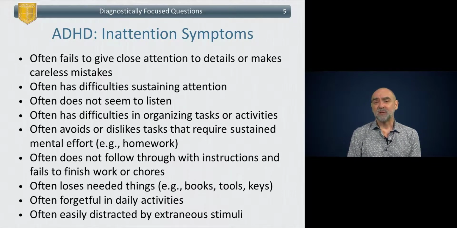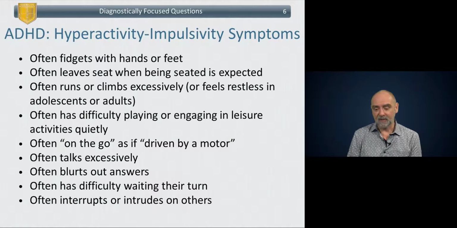Often has difficulty sustaining attention, seems not to listen, difficulties organizing tasks or activities, avoids or dislikes tasks that require sustained mental effort, does not follow through with instructions, and fails to finish work or chores, loses needed things, often forgetful and distracted by extraneous stimuli. Again, just examples of inattention, right? Do you really need to memorize each of these? No, it's pretty explanatory after you're like, okay, these are just examples of inattention.